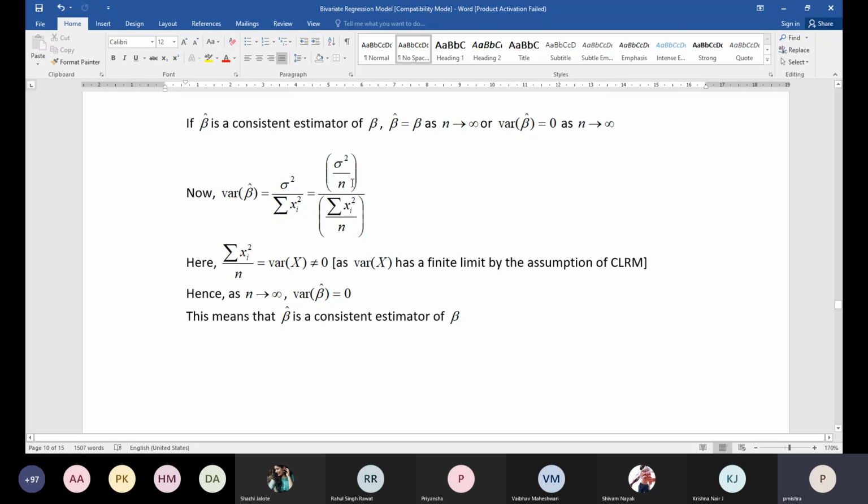Therefore, as n tends to infinity and the numerator becomes equal to 0, given that the denominator is non-zero, this variance of beta hat would approach 0. And hence this beta hat is a consistent estimator of beta, because as n tends to infinity, variance of beta hat is equal to 0, which essentially suggests that beta hat is equal to beta.